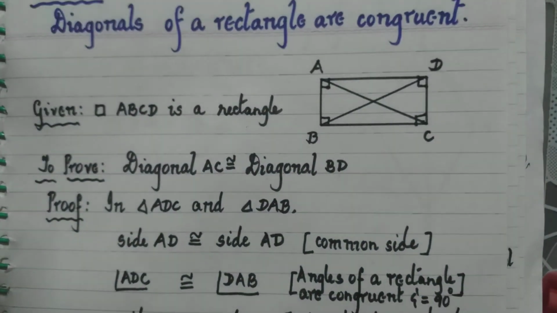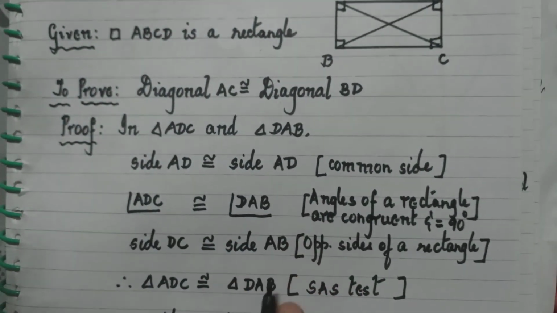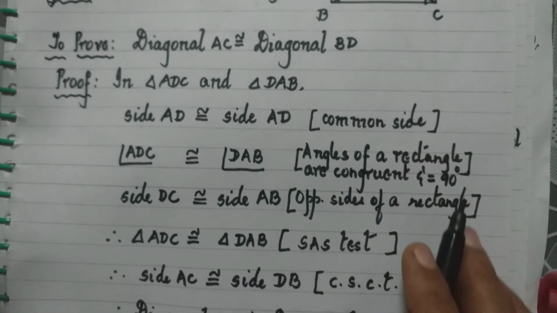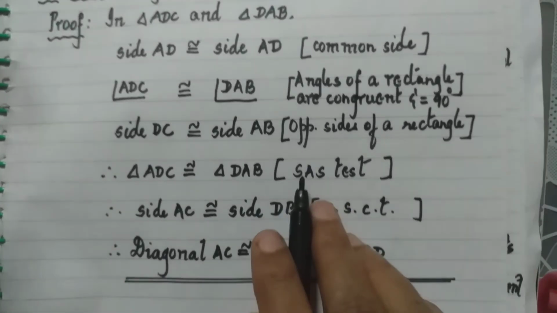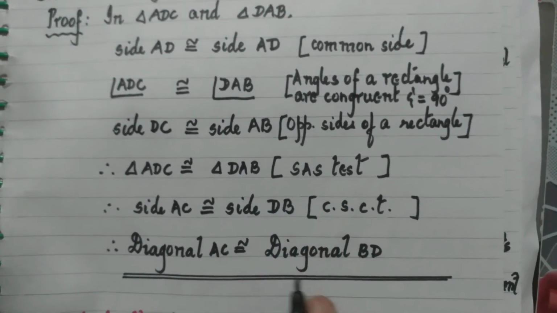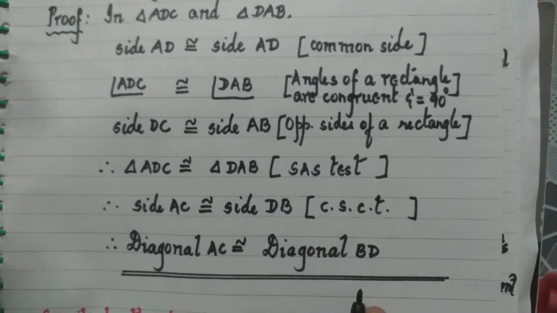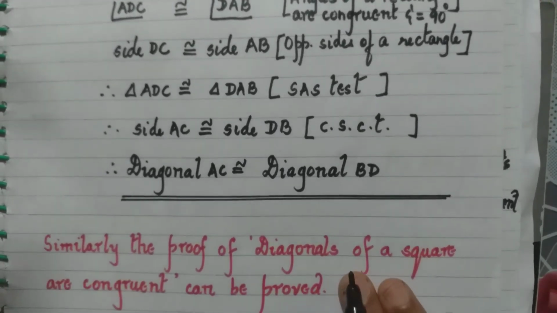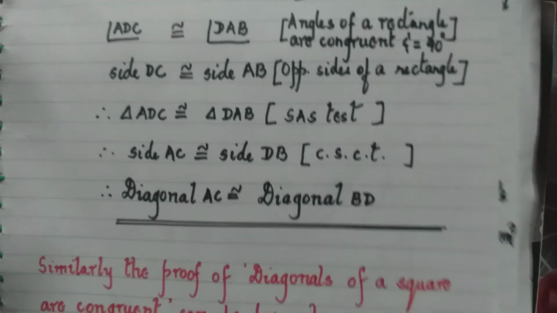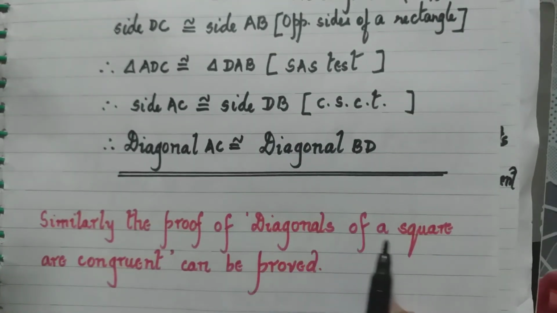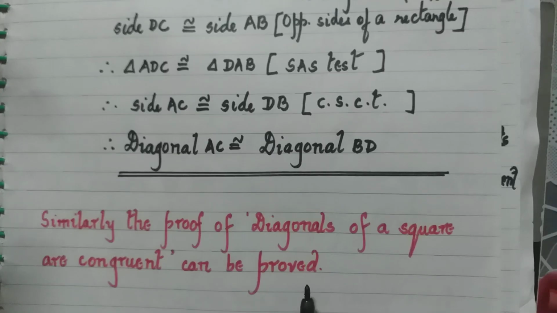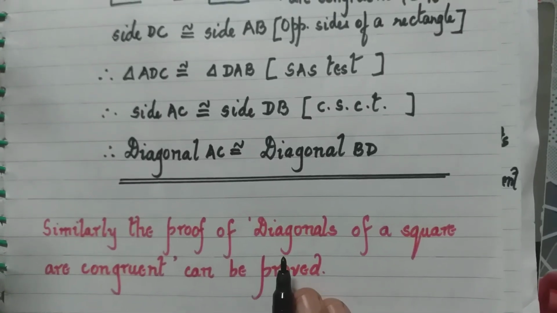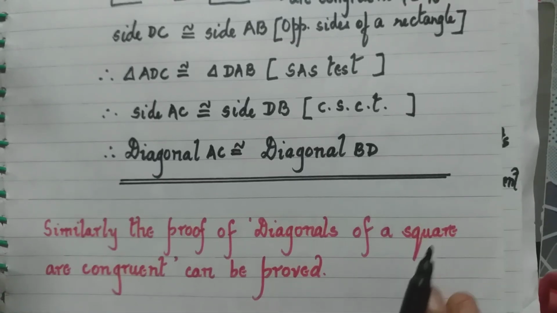Draw a square here, and all the steps will be the same. Wherever the word rectangle is there, you will write square and continue, and then prove that the diagonals are congruent. So that is what I have written here, that similarly the proof of diagonals of a square are congruent can be proved. How? By replacing the word rectangle by square.